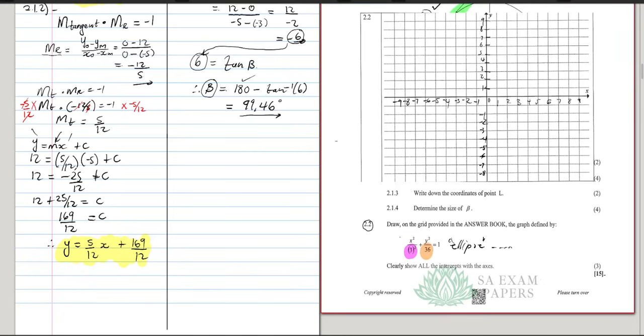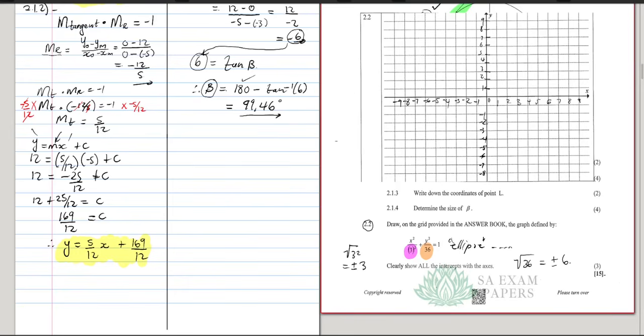The square root of 3 squared is plus or minus 3, and the square root of 36 is plus or minus 6. That's the easy way out of this one.